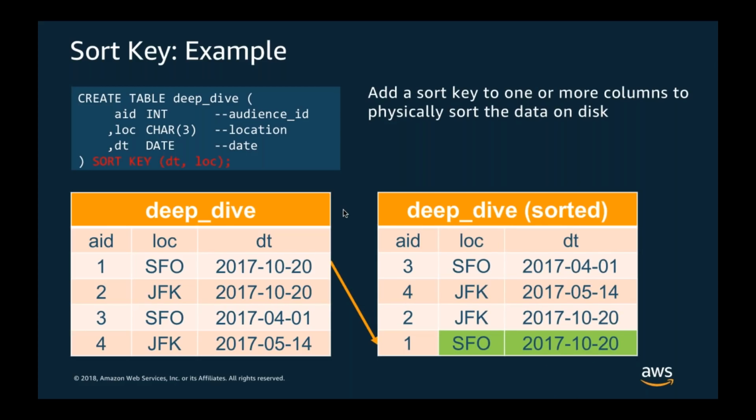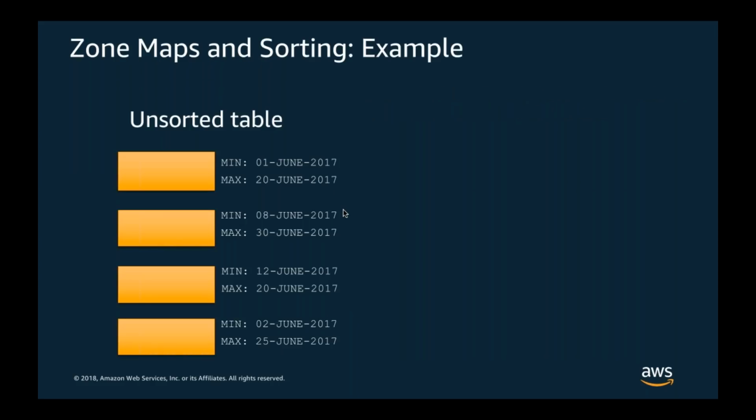Now let's see the impact of this and how zone maps help in optimal partition pruning, right? So let's say we had an unsorted table, and these yellow boxes represent the physical blocks of this unsorted table. The zone map for this particular unsorted table will have values like min of 1st June and max of 20th June for the first block, and so on.